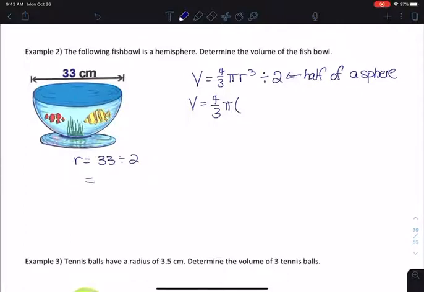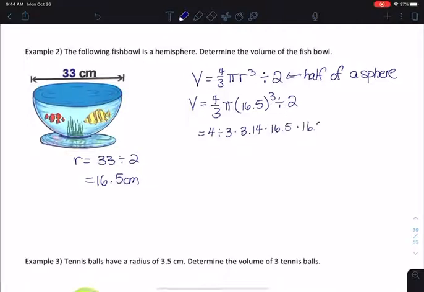So let's check that out, and we get 16.5 centimeters. So that's 16.5 to the third divided by 2. And remember that that just means 4 divided by 3 times 3.14 times 16.5 times 16.5 times 16.5 divided by 2.